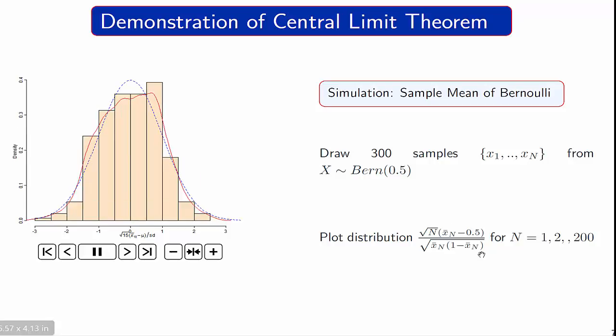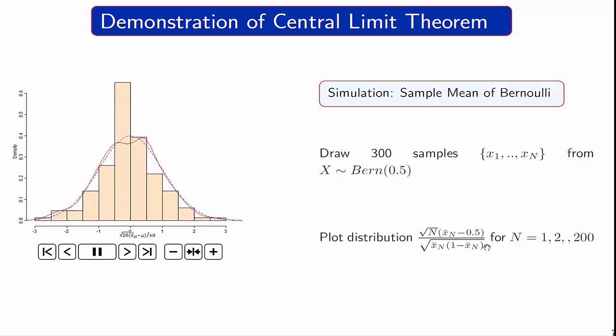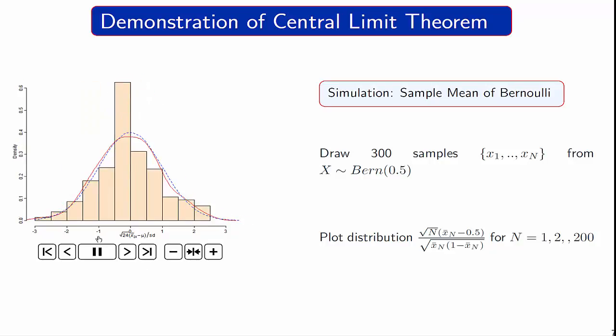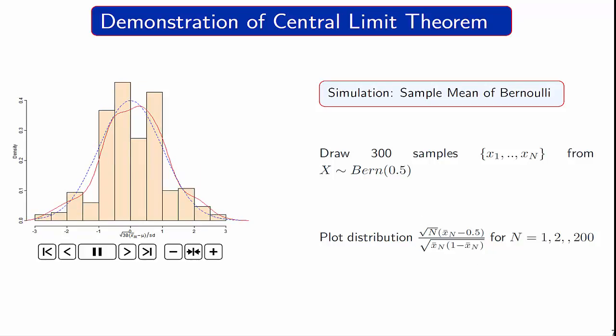The distribution of this statistic for large n starts to become normal, and we can see it's starting to happen now. At sample size 20, 21, the red curve and the blue curve are almost overlapping, and the approximation gets better and better, which demonstrates the central limit theorem. As n gets bigger, the distribution of the statistic for that particular sample size gets nearer and nearer to a normal 0,1.